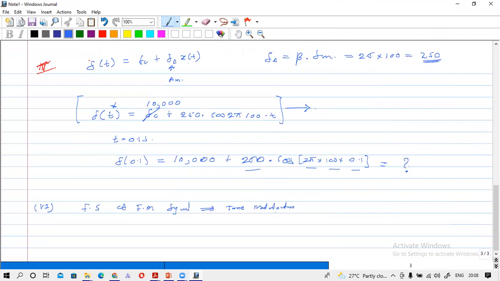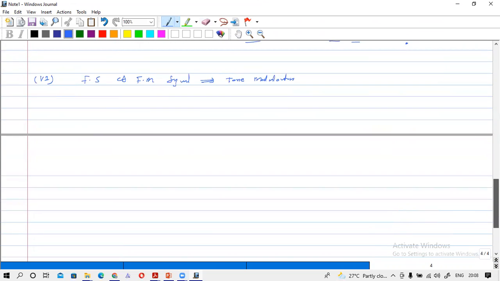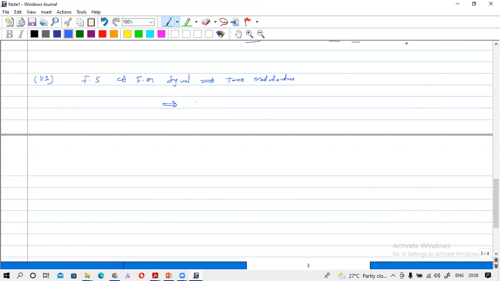Actually, we have two spectra. You can remember that we have derived it for the phase modulated signal, but for FM we did not derive it, because there is no need to derive the frequency spectrum of an FM signal for tone modulation.